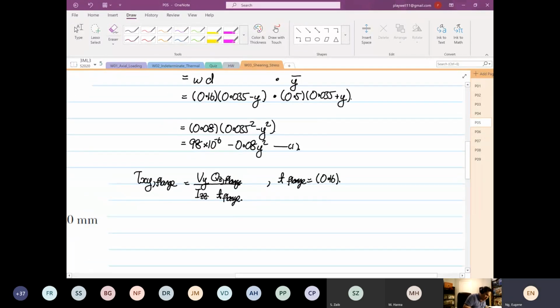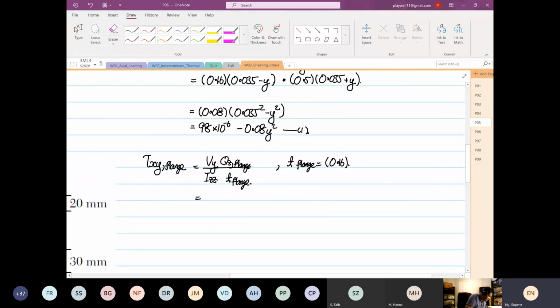From here, we calculate your Vy is equal to 90 times 10 to the power 3. Your Izz is equal to 5.8133 times 10 to the power minus 6. And then we have 98 times 10 to the power minus 6 minus 0.08 y squared.